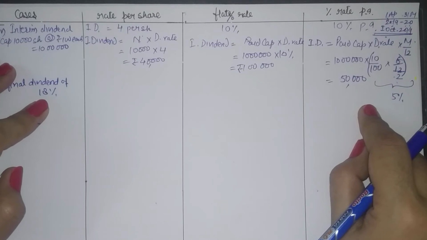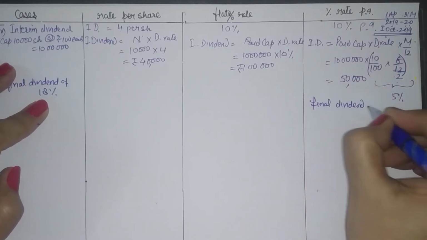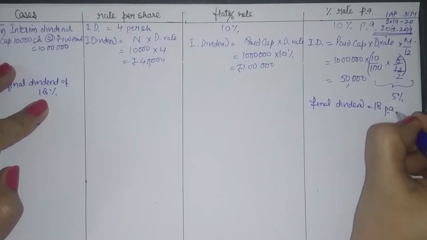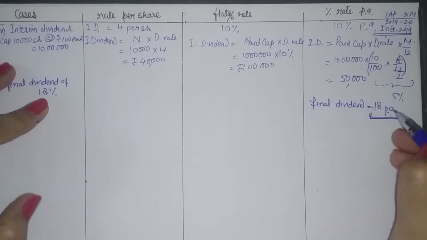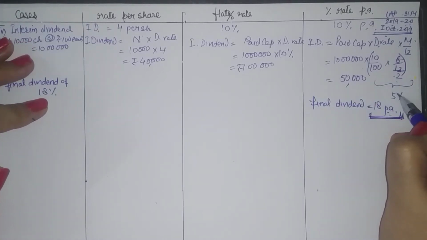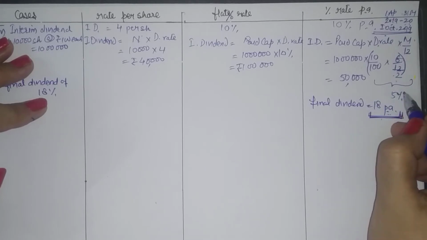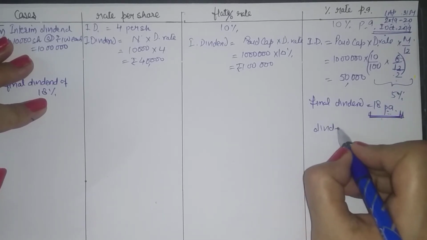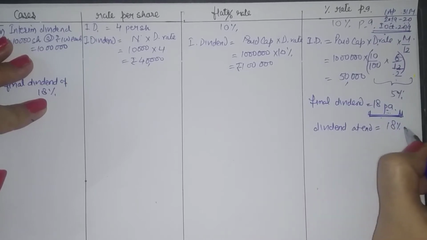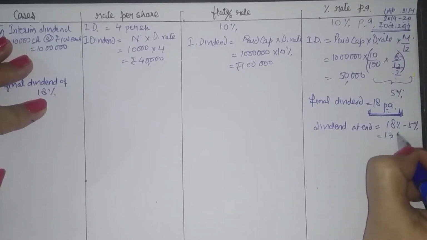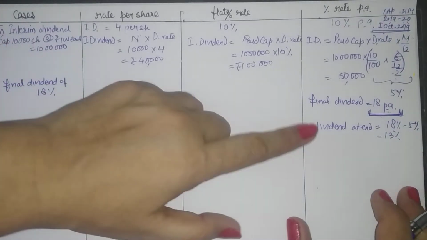But herein it is a final dividend per annum. This is a rate for the full year. But during this year, you have already given 5% dividend. Effective rate of dividend is 5%. So you have already given it. So the dividend which will be given at the end will be 18% minus 5%, that is 13%. So this will be the dividend which will be given finally.